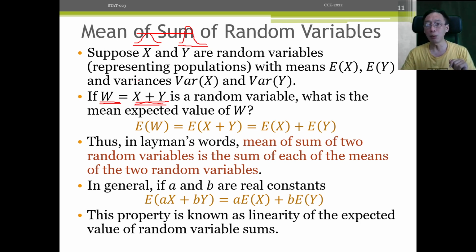Now, why would we want such an X plus Y composite random variable? A simple situation could be that you take MRT from your house to an interchange. And then from the interchange, you take a bus to your university campus or your office.